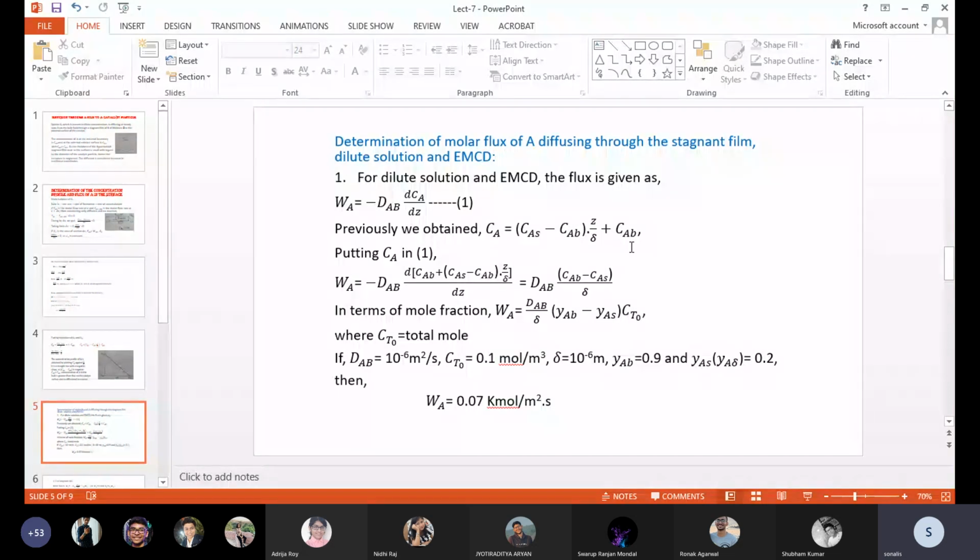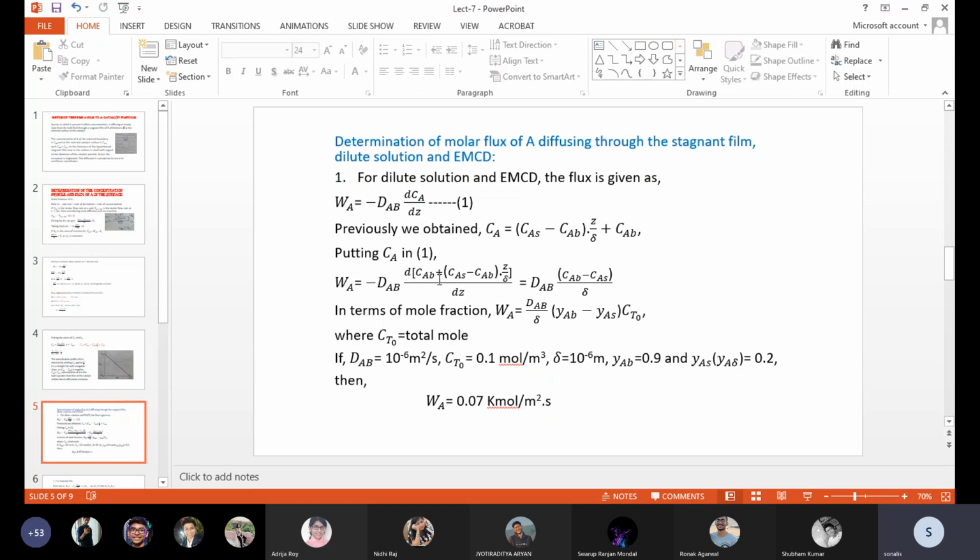So putting C_A in place of C_A here, what does it come to? W_A is equal to minus D_AB, d of the whole part, by dZ. C_AB is constant, so its derivative is 0. The minus sign cancels out, and differentiating, D_AB times (C_AB minus C_AS) by delta, where dC_AB/dZ is 0.